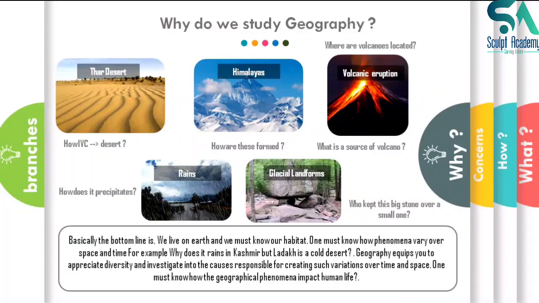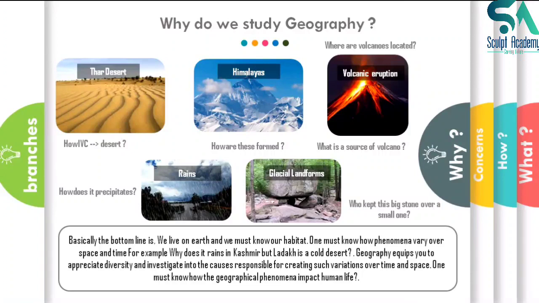It might be geographical diversity like mountains, valleys, hills, plateaus, etc., or human diversity as well: different types of tribal groups, civilizations, people, and races in the world. How did these races evolve, what is the primary cause of their evolution, why are these races situated in particular places of the continent, and how does geography impact the phenomena of human life?